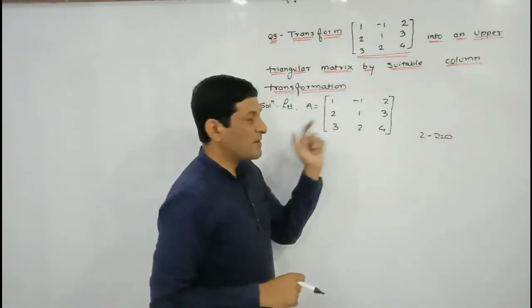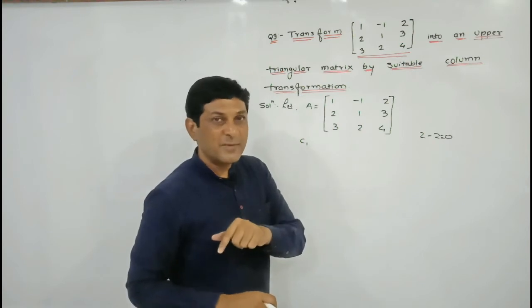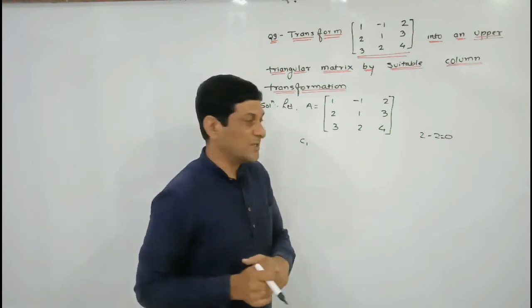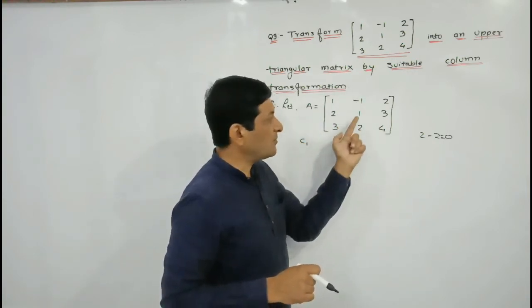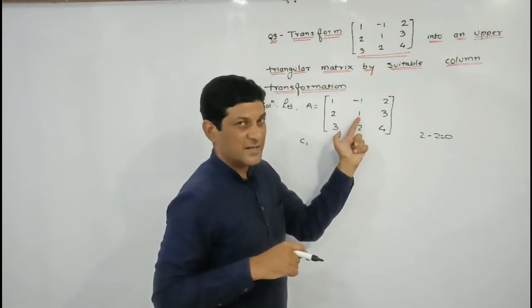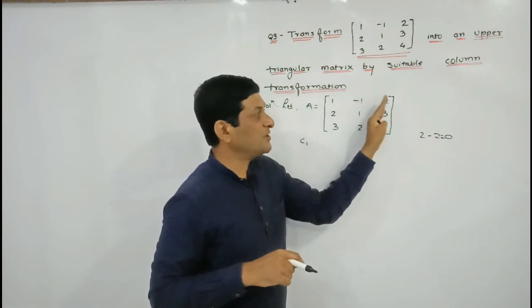Whenever we are performing an operation on a column, we have to use the corresponding element of any other column while taking addition or subtraction. So if we are using the corresponding element of the second column, let us check, is it possible to get 2 here or not? What is the element here? 1. Because the operation is on C1, we have to use the corresponding element of C2 or C3.